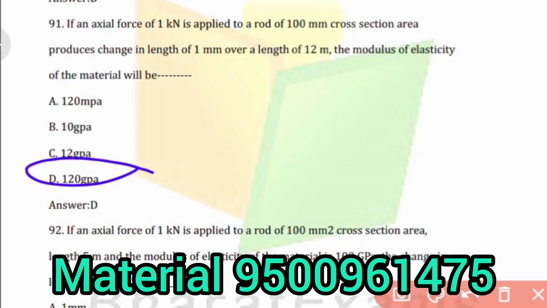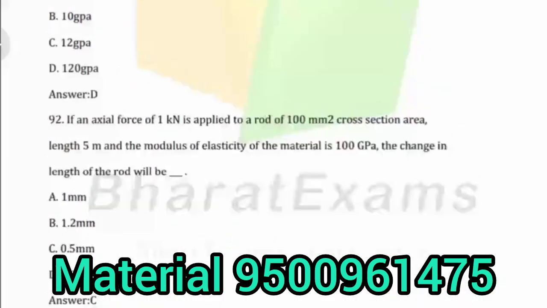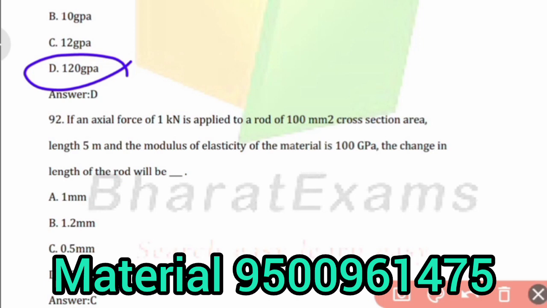If an axial force of 1 kN is applied to a rod of 100 mm² cross section area and produces a change in length of 1 mm over a length of 12 m, the modulus of elasticity of the material will be option D, 120 GPa.